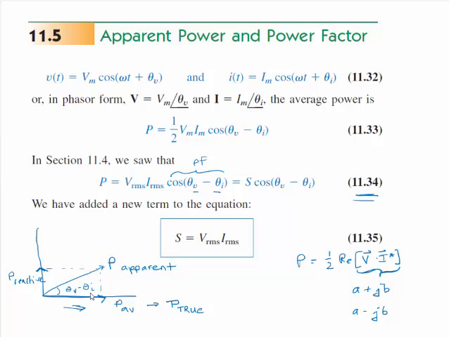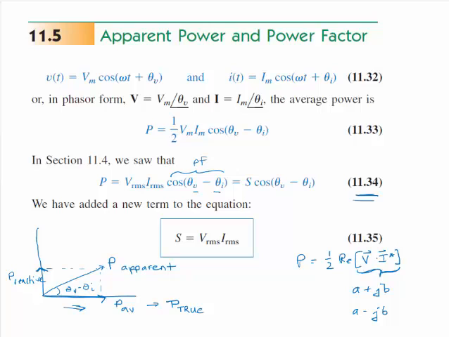It's actually whether the cosine of the angle turns out to be positive or negative. So according to your textbook, the way they treat it, if the cosine of this turns out to be positive, then that's considered leading in the circuit, even if the angle is negative.